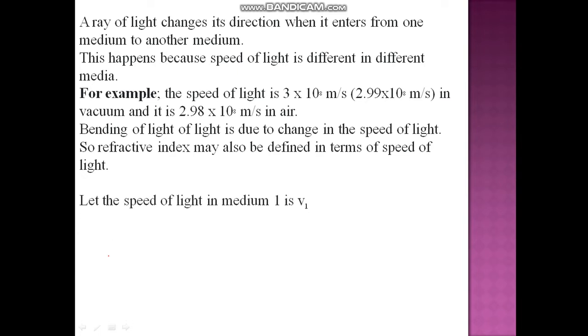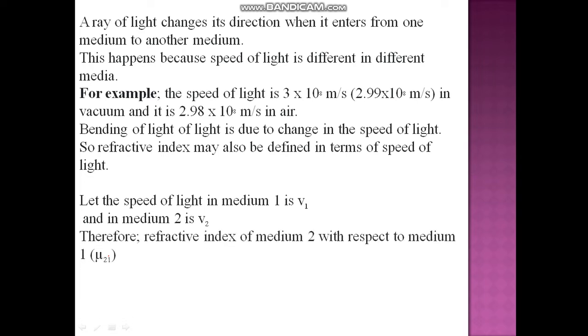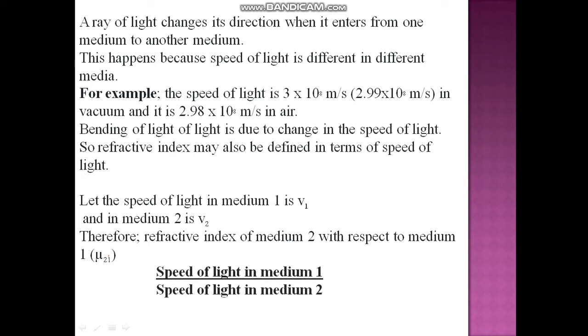Now if the speed of light in medium 1 is V1, and the speed of light in medium 2 is V2, then the refractive index of medium 2 with respect to medium 1 is the speed of light in medium 1 upon the speed of light in medium 2.